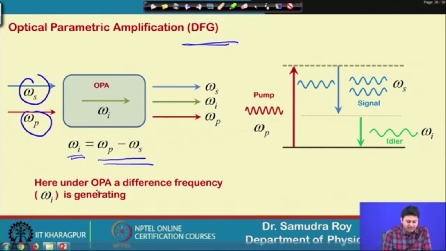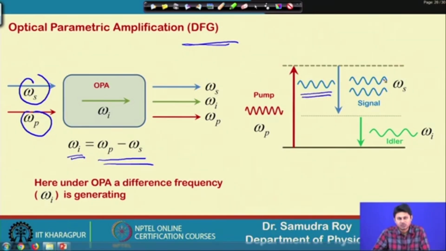Under optical parametric amplification, as I mentioned, omega I is generated. That means the field that is generated is the difference frequency field. In this energy diagram, things are more clear. I am launching one pump, omega p. The signal is already there, shown in the blue line. So, this signal gets amplified.